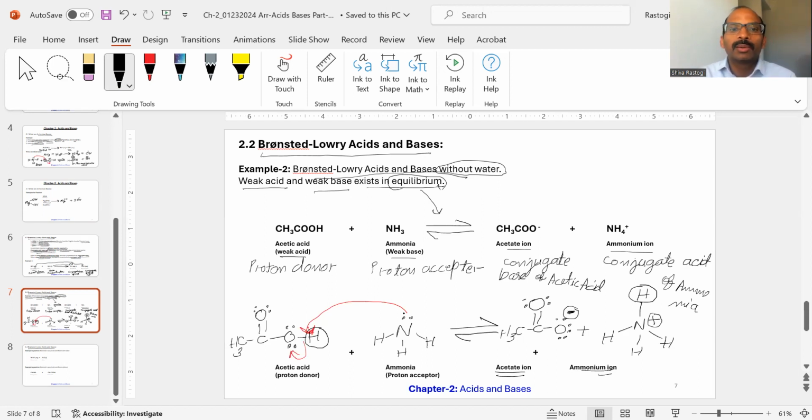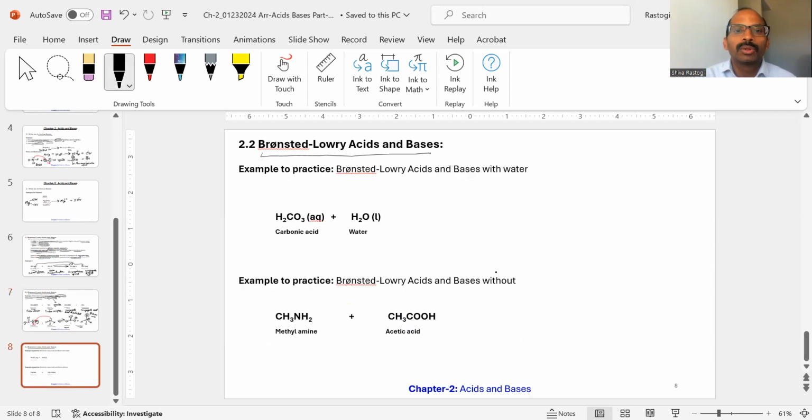So this is the example without water, and these are a few more examples for practice. You can practice Bronsted-Lowry acids and bases in water, and try to find out how they will make equilibrium and what the conjugate base and conjugate acid will be.